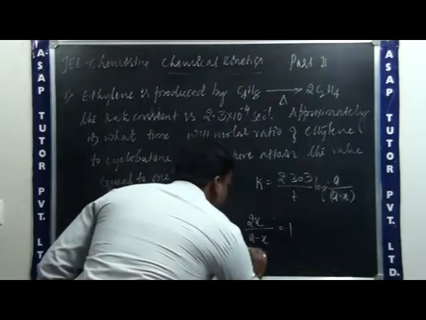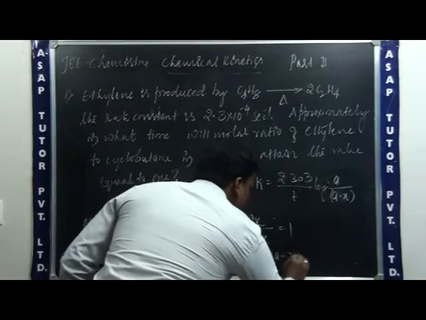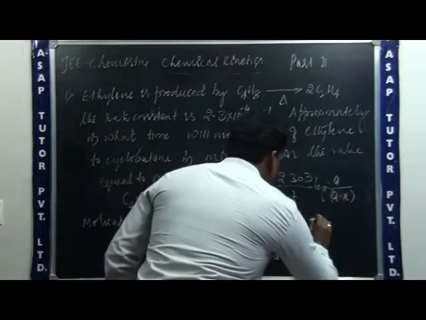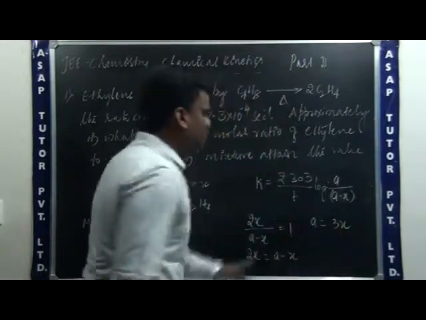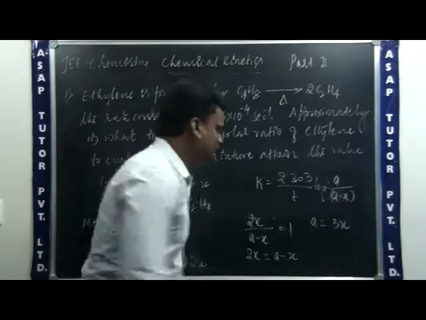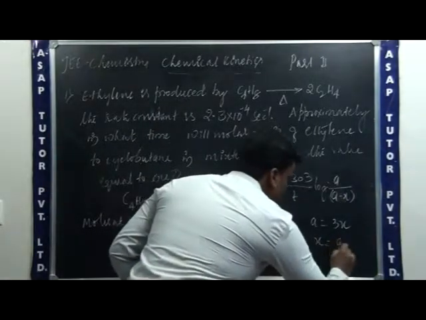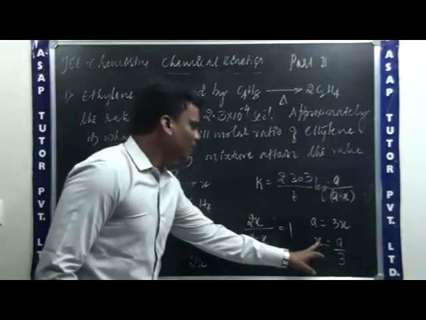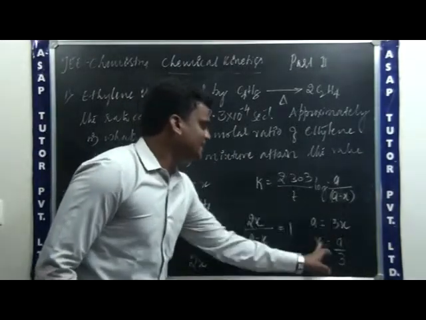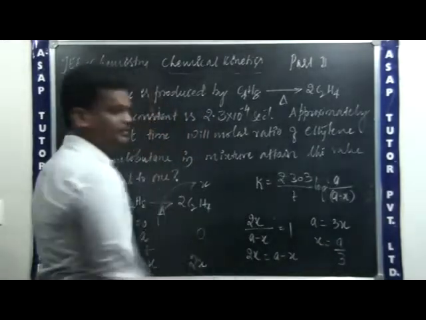Then if you do the cross multiplication, 2x is equal to A minus X. Therefore, A is equal to 3x. I need to find the value for x. Therefore, x is equal to A divided by 3. Now, I need to substitute the value for x, that is A divided by 3.